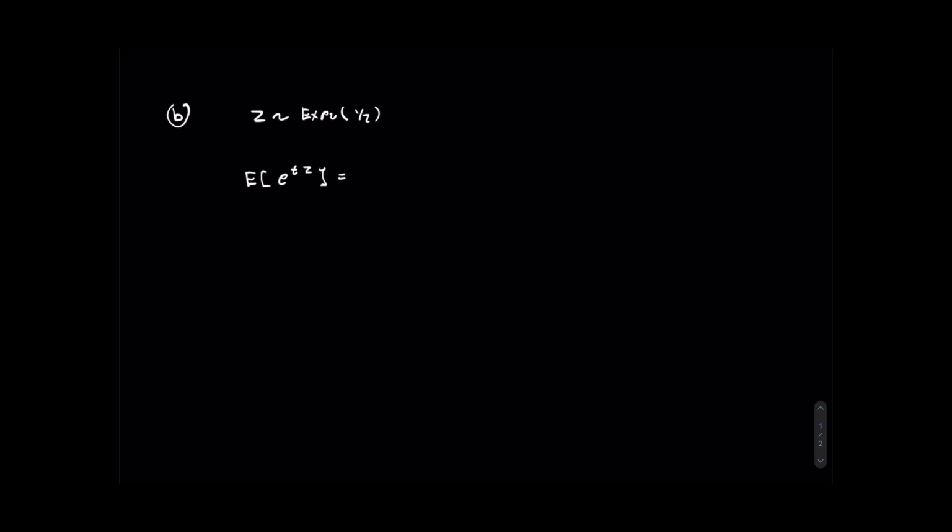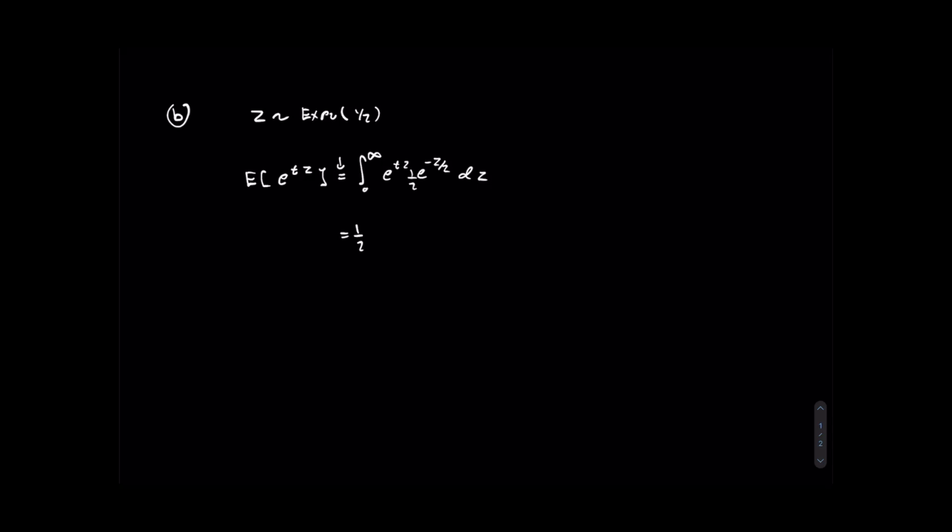This is LOTUS, meaning that we can take this transformed version and multiply it by the PDF of the exponential with parameter a half, evaluated over z.